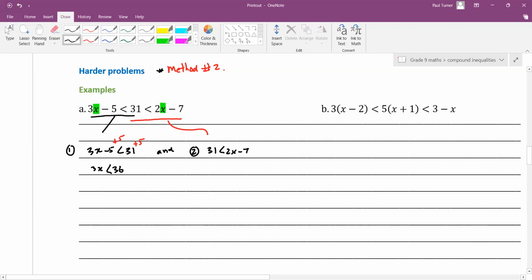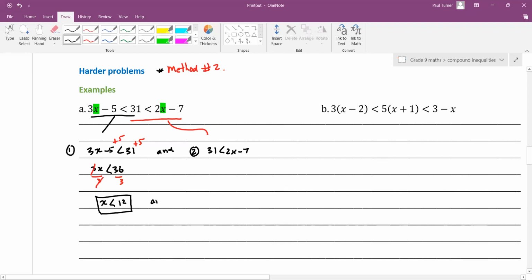You added 5 to both sides, so leave the sign alone. Divide by positive 3 now, and dividing by a positive is no problem. Then x will be less than 36 divided by 3, which is 12. So we know x is going to be less than 12.